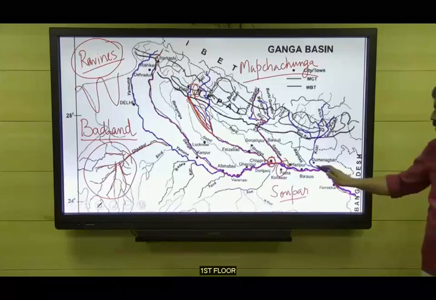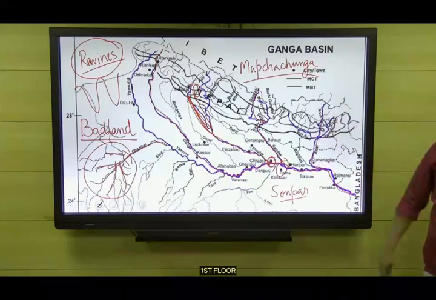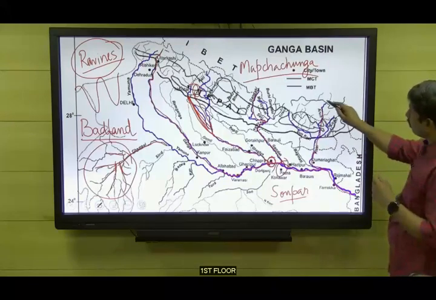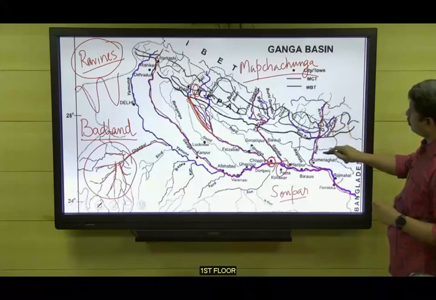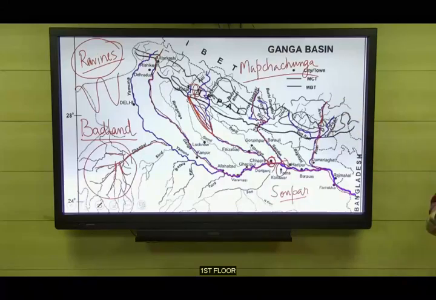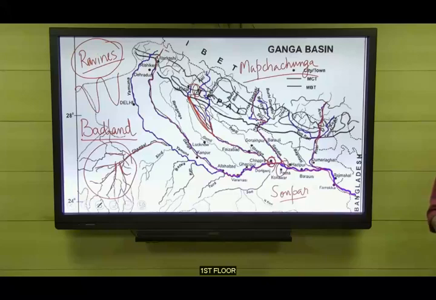Then this is the Kosi river. One of the tributaries of Kosi is Arun river. You can see the Arun which is coming from the north. The Arun river is an example of an antecedent river.